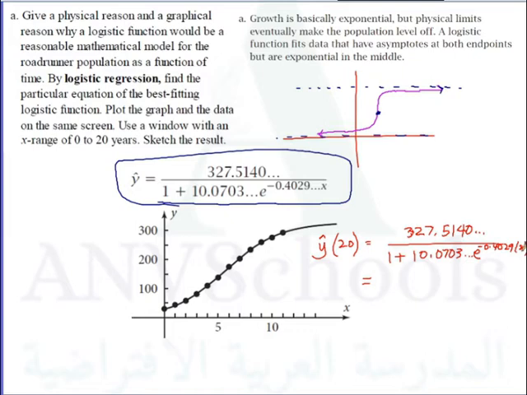This will give us 326.473, or approximately 326 roadrunners.